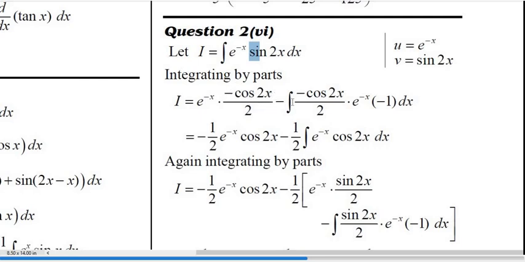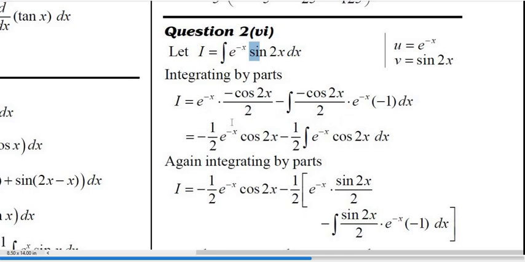minus integration of the integral of the second function, which is minus cos 2x divided by 2, times the derivative of the first function, which is e power minus x. The derivative of the exponential function is as it is, e power minus x, and then again taking the derivative of its power, minus x, we know that the derivative of minus x is minus 1 dx.